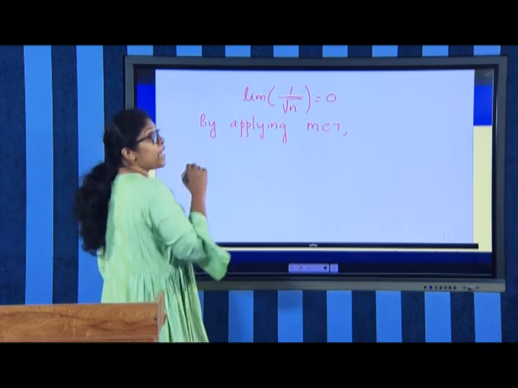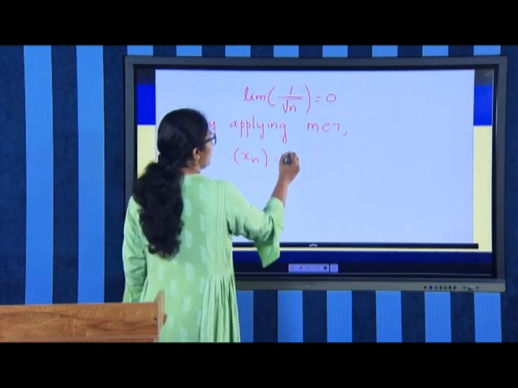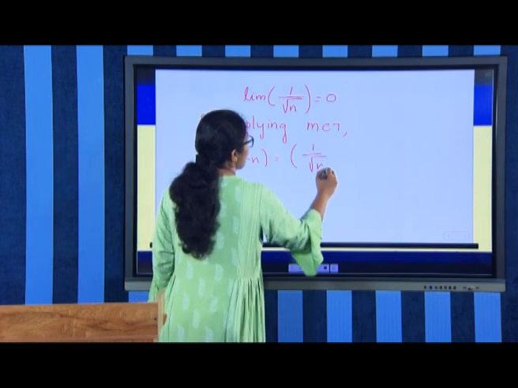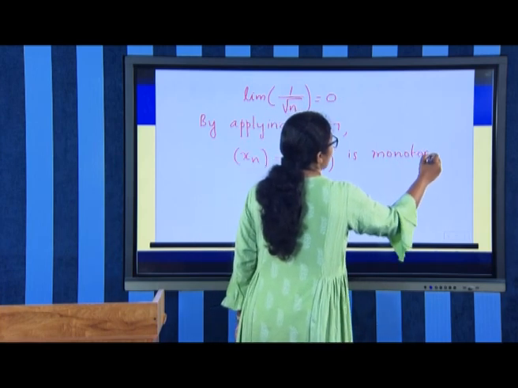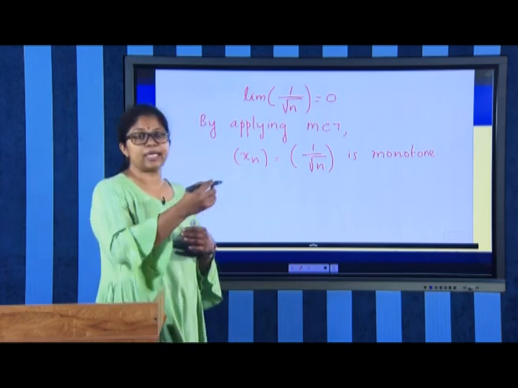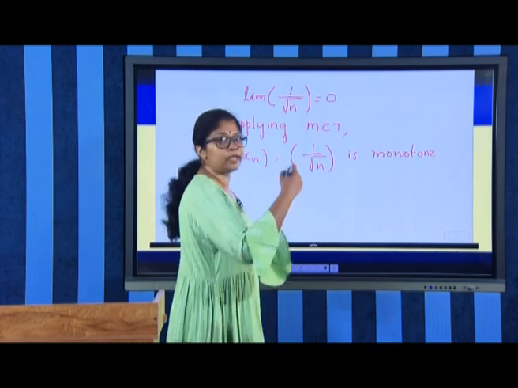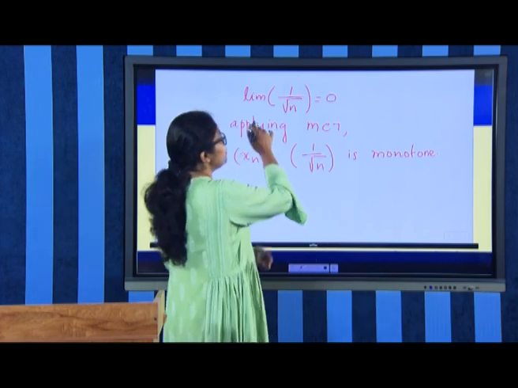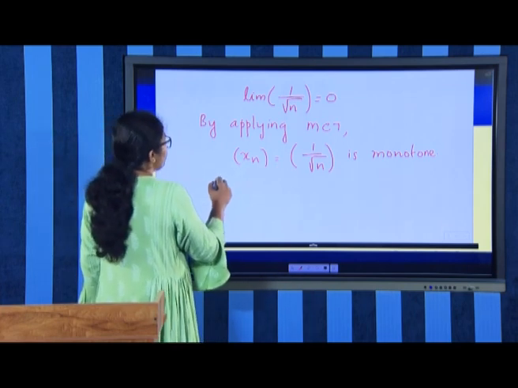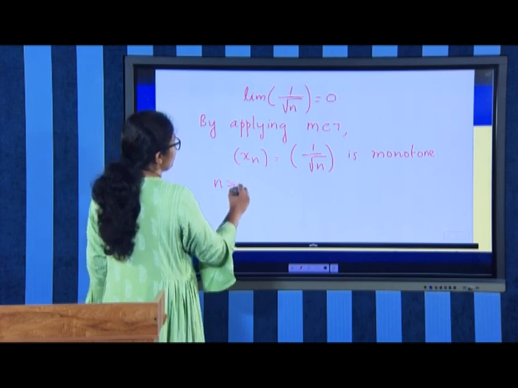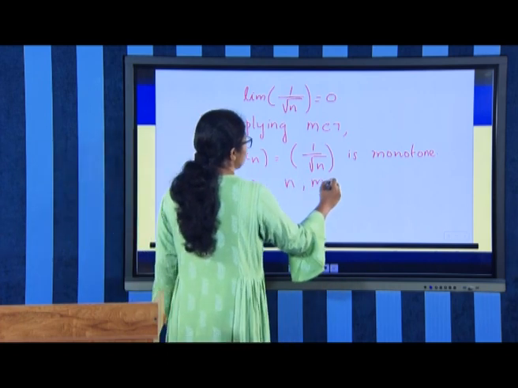First we have to establish that the given sequence xn equal to 1 by root n is monotone, and see whether it is monotonic increasing or decreasing, and then accordingly we have to find the supremum or the infimum, and then we can conclude the limit. So, consider n greater than or equal to m, where n and m are natural numbers.